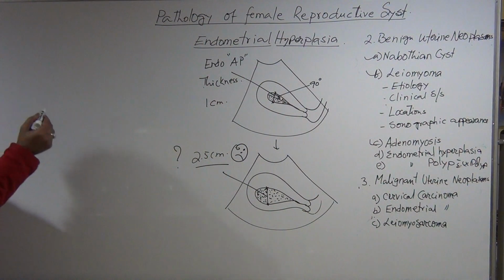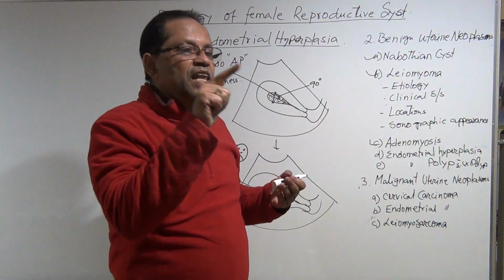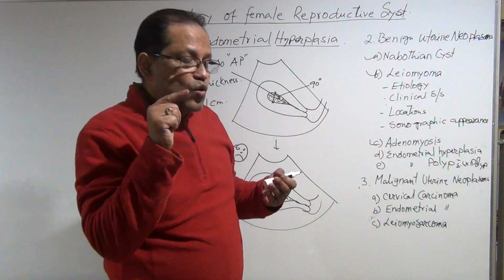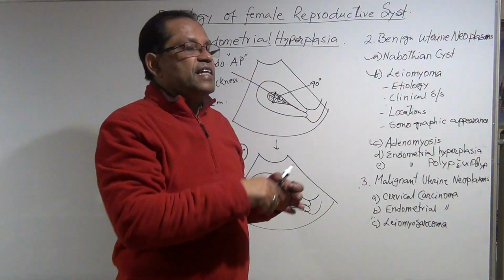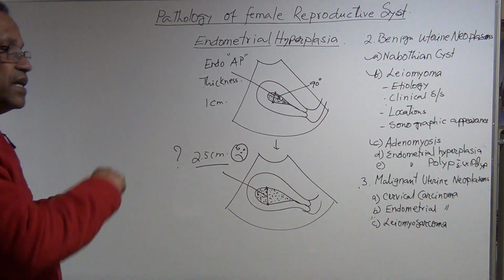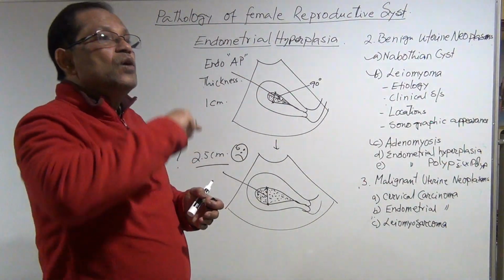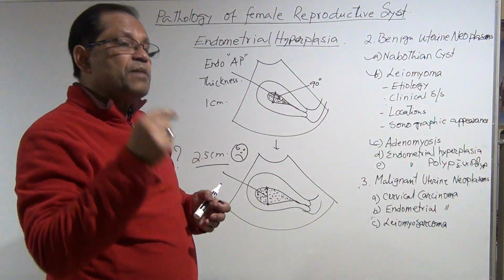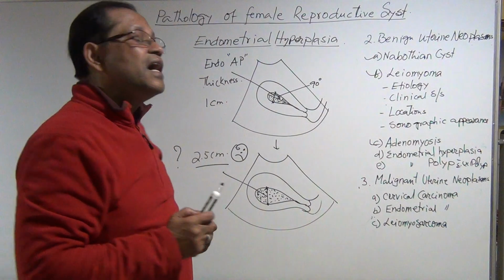You know what a polyp is? A polyp is a benign growth, finger-like with a pedicle, that grows from the wall of the endometrium and goes inside the cavity. It is homogeneous, hypoechoic, with a nice clean border and a pedicle, and the pedicle has blood vessels. We need to click the color.